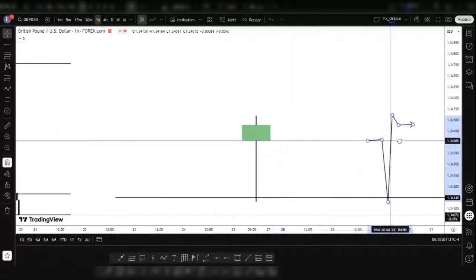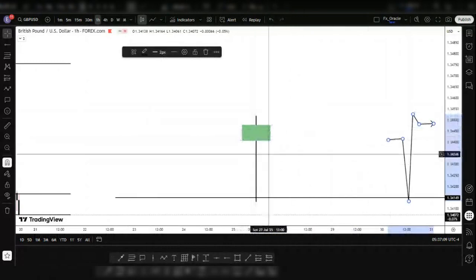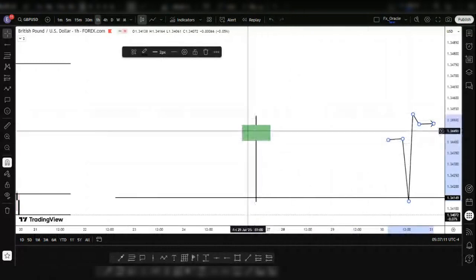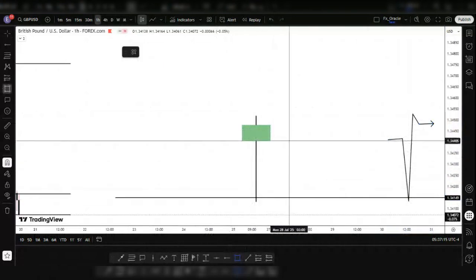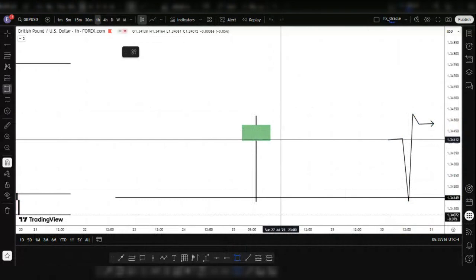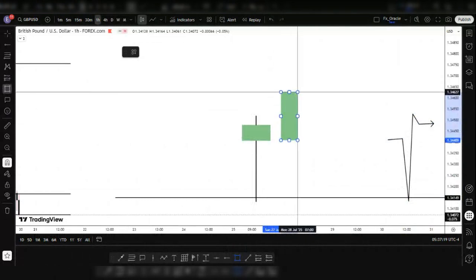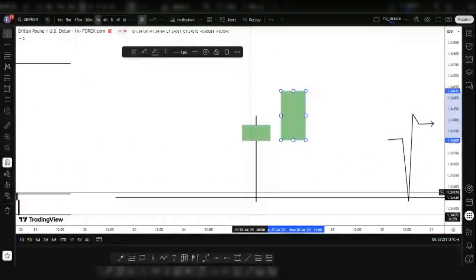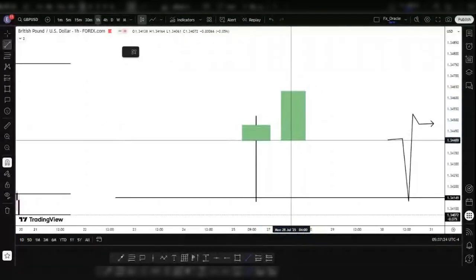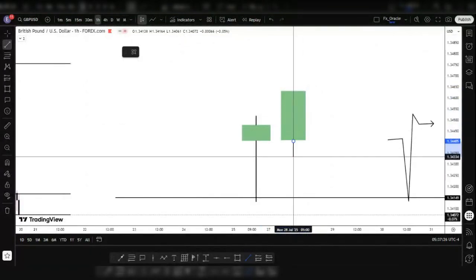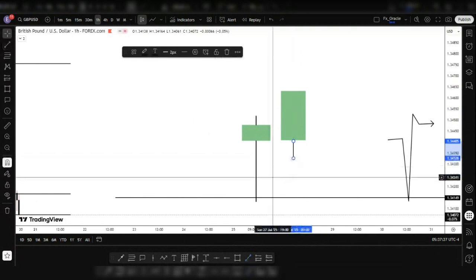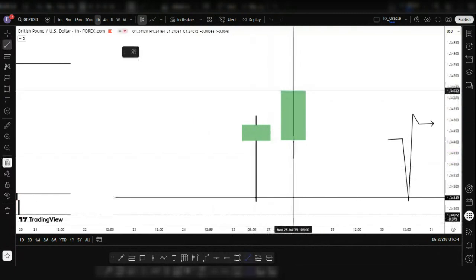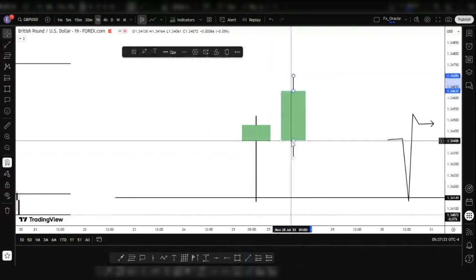Let me take this out. Don't forget, this one is your pin bar or hammer. So now your bullish engulfing candle will look something like this. All right. So let's say this is your bullish engulfing candle.